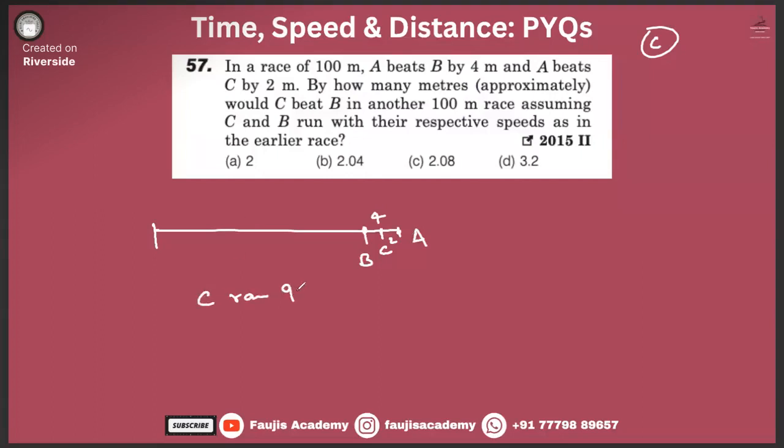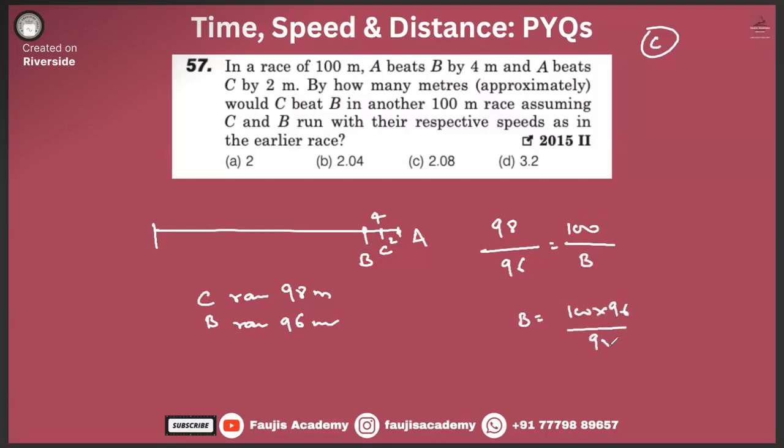If C ran 98 meters, B ran 96 meters. So if C runs 100 meters, how much distance will B run? 100 into 96 divided by 98.